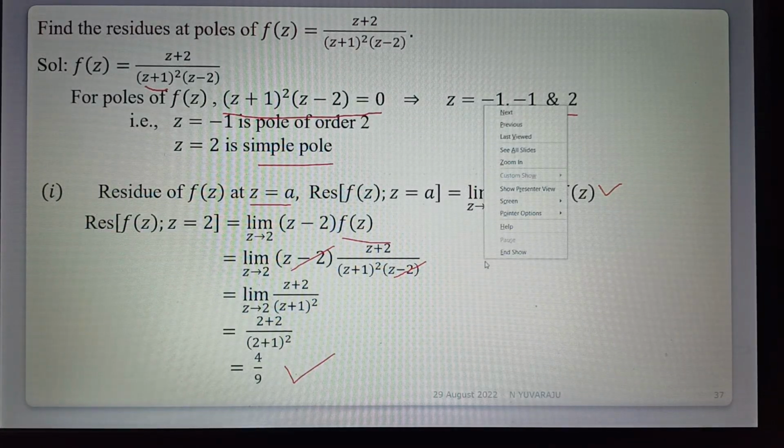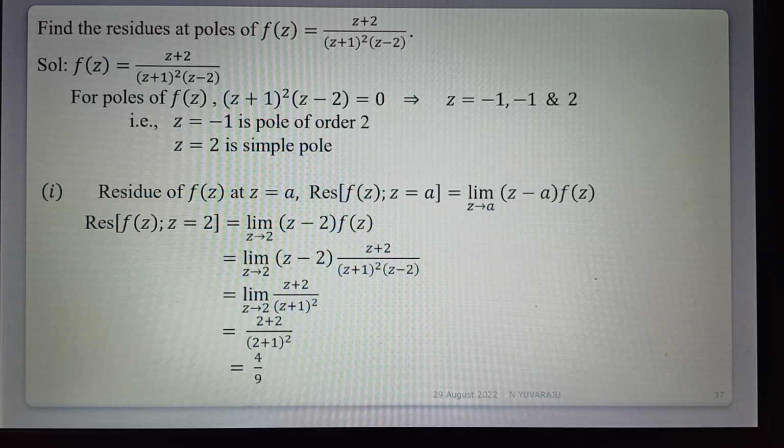Okay, now the same for the other pole, z is equal to minus 1. But z is equal to minus 1 is not a simple pole, it is a pole of order 2, so we use that formula.